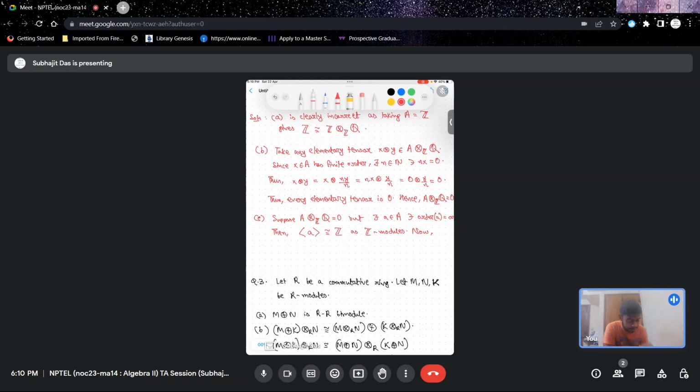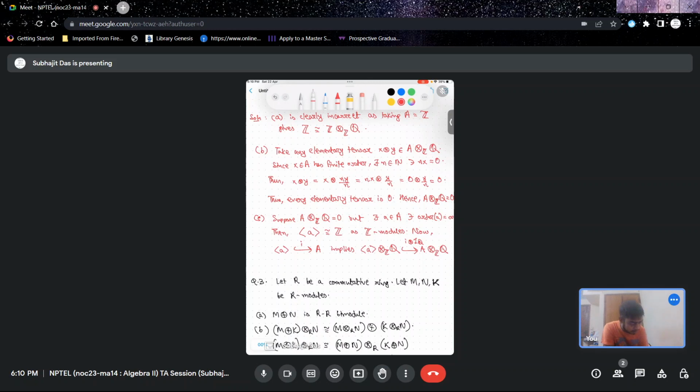So basically my point is that you have a monomorphism of the submodule generated by a into A. That is a canonical inclusion. So this implies that this map will be canonically included in A tensor over Z Q. So what is this map? Let's call this inclusion i. So this is i tensored with 1_Q.